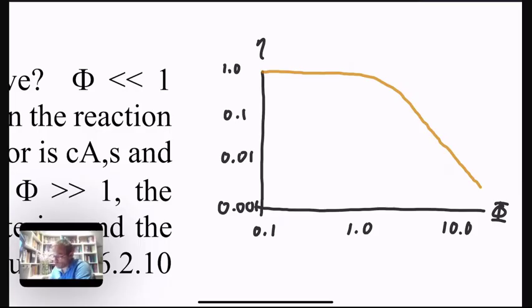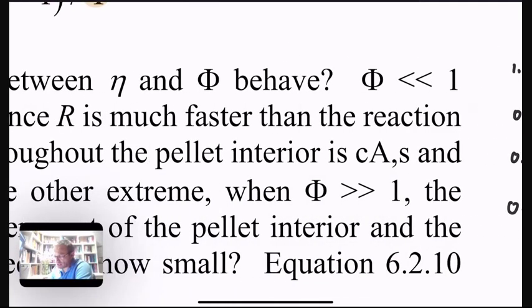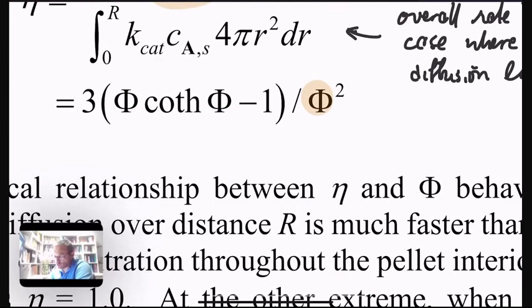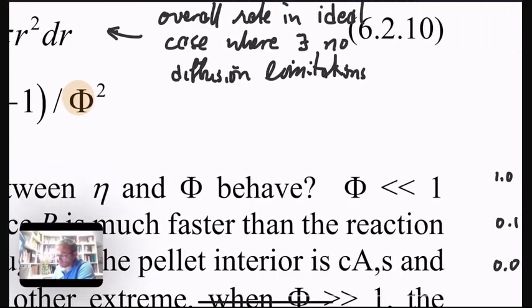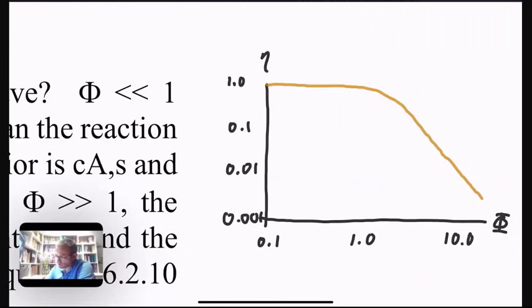If we plot on a log scale, eta versus phi, this is the Thiele modulus on the horizontal axis and the effectiveness factor on the vertical axis, then you see this orange curve. This is the complicated expression in orange. That's the 3 times phi cotangent hyperbolic of phi minus 1 over phi squared. So there are a couple of things to note about this.